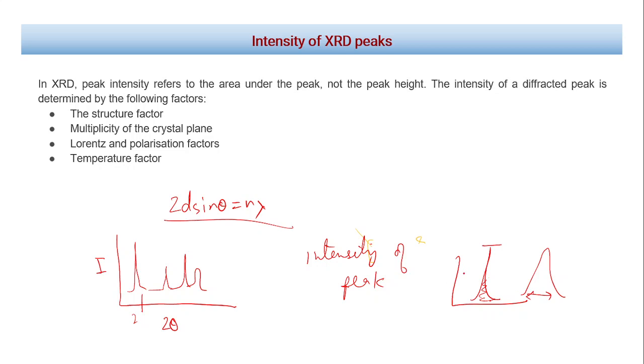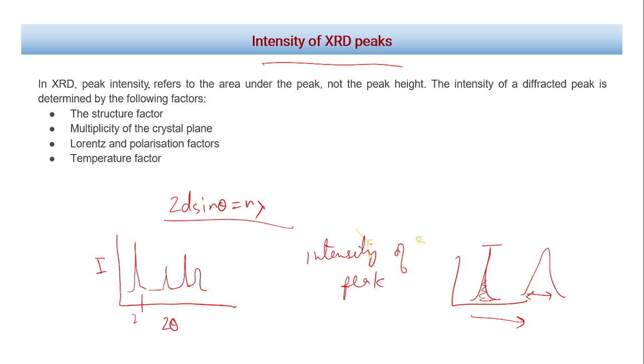For our discussion, we don't need to bother about more detail, but you will find all these things in the B.D. Cullity book on XRD. That's a very thick, big volume with a lot of things related to XRD. Here we'll just talk about how the intensity of XRD peaks varies and what parameters it depends on.